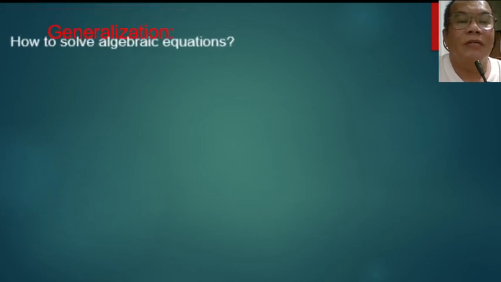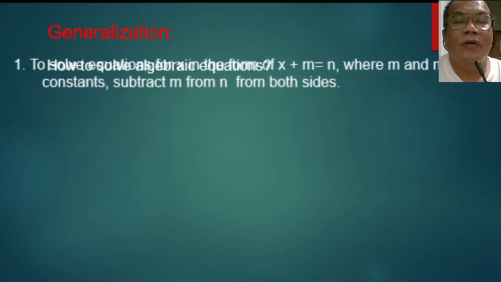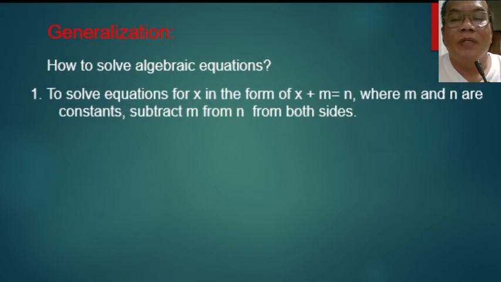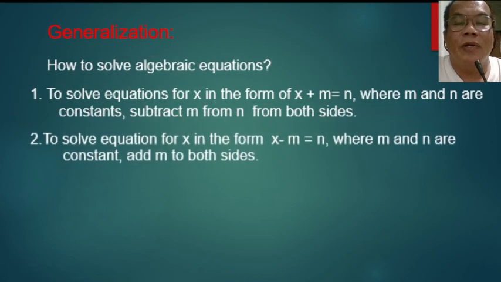And to sum up the lesson, how to solve algebraic equations. The first one is to solve an equation for x in the form of x plus m equals n, where m and n are constants: subtract m from both sides. Then to solve an equation for x in the form of x minus m equals n, where m and n are constants, add m to both sides.